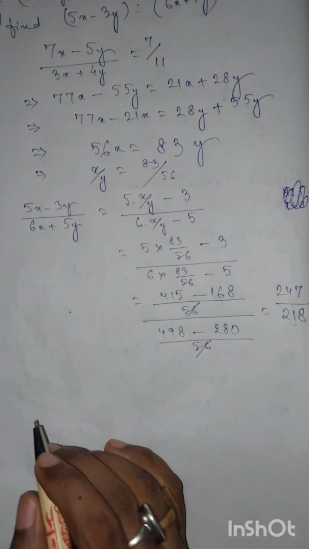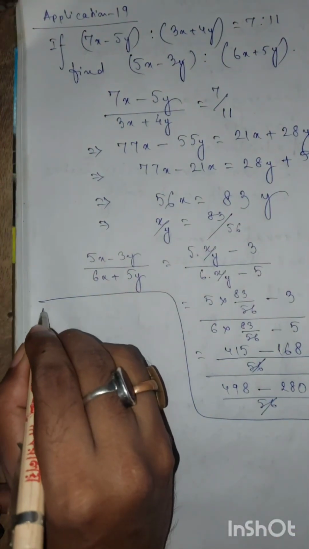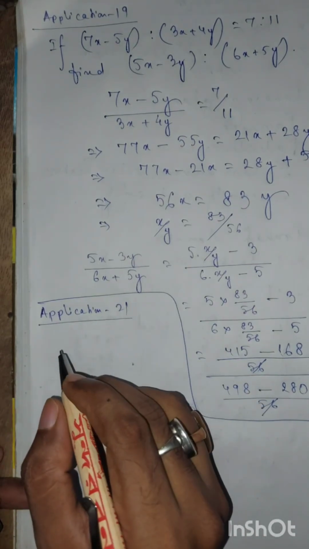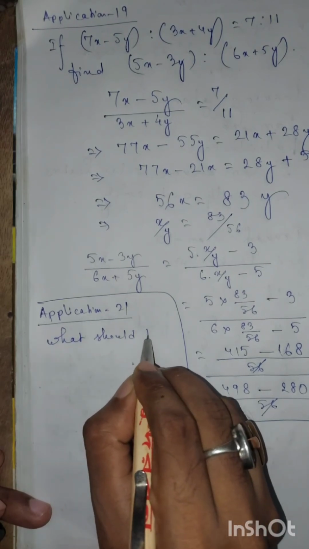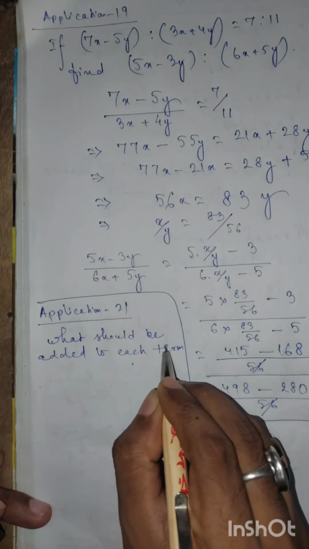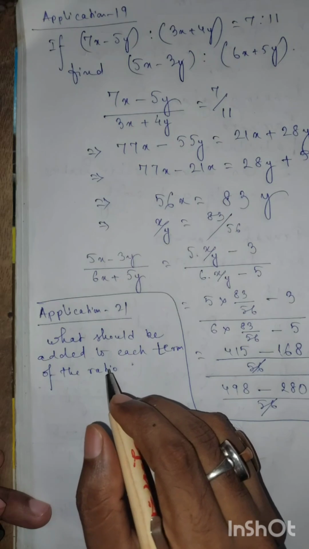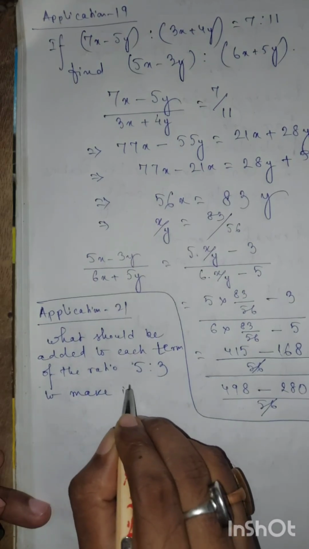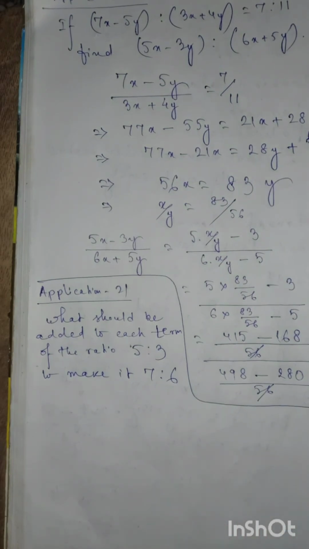Now next question. What should be added to each term of the ratio 5 is to 3 to make it 7 is to 6?